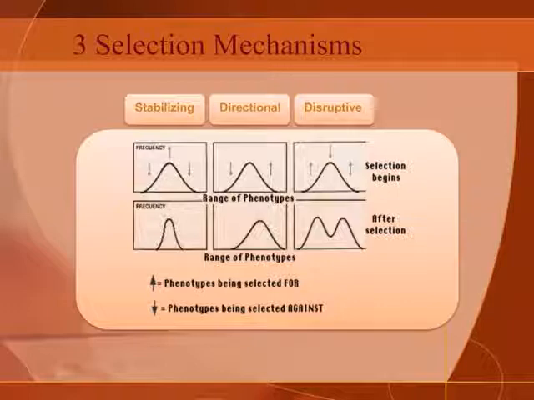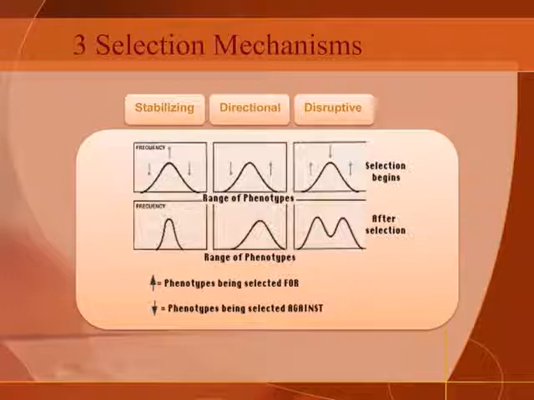In this case, the curve moved to the right. It's more favorable to have the phenotype at that extreme. For example, it might be more favorable for a woodpecker to have a larger, longer bill because it can get to more insects beneath the tree bark.